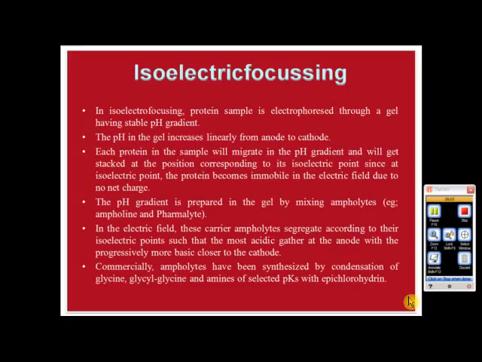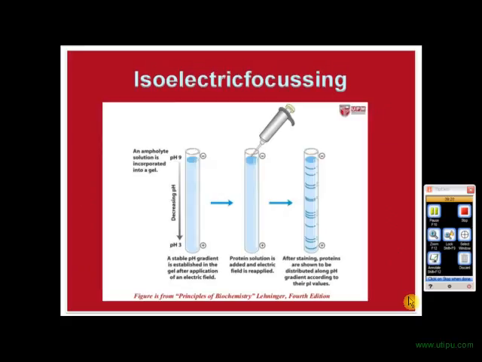Commercially, ampholytes are synthesized by condensation of amino acids like glycine and amines of selected pKas, that is, selected dissociation constant values, because obviously they need to have differences in charge. By means of these preparations, they produce ampholytes having different pHs.